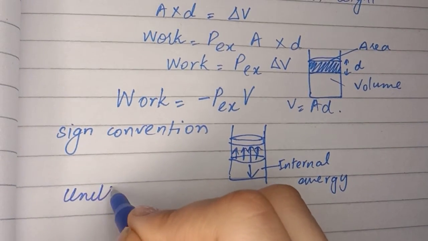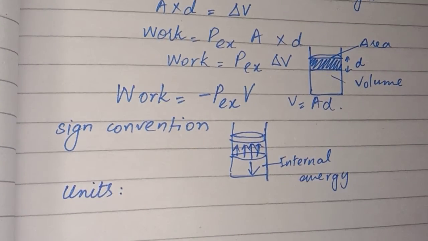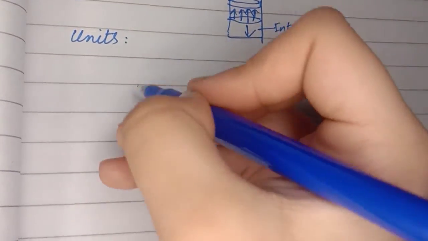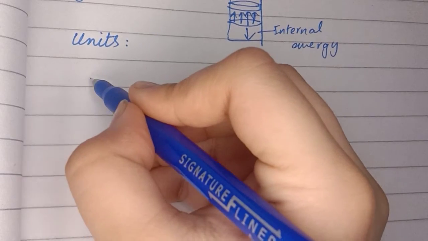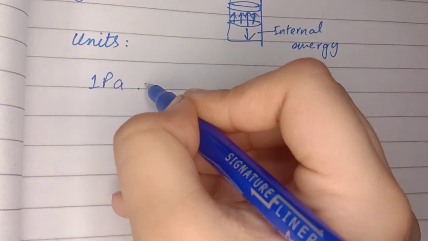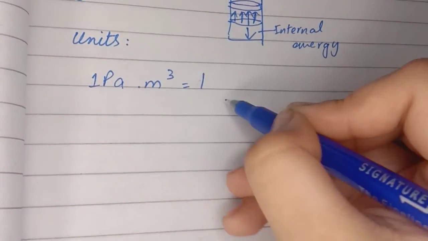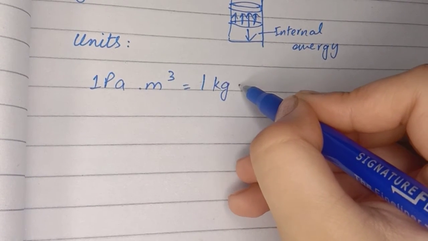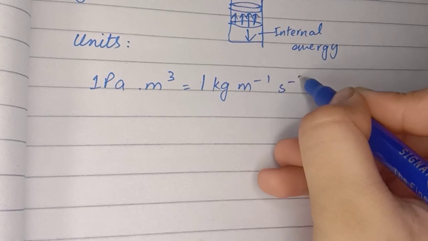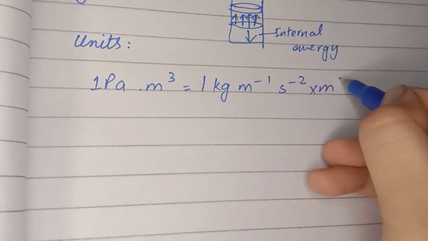So in SI units, the external pressure is expressed in pascals, where 1 pascal is equal to 1 kilogram per meter per second square. And the change in volume is expressed in cubic meters, which is m³. The SI unit of work can be found from the product of 1 pascal and 1 meter cube.